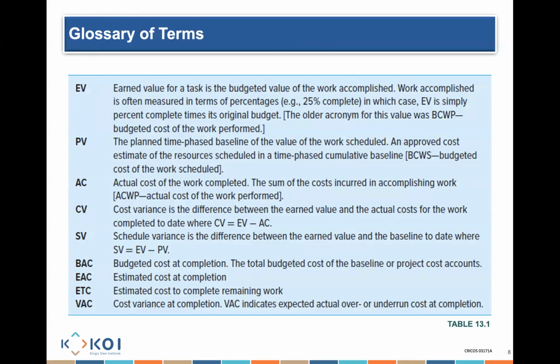Okay, let me ask you a question, guys. If I have 10 activities and every activity is supposed to cost me $10 over 10 days. So I have 10 activities to do over 10 days, and each activity is going to cost me $10. How much will all of those activities cost me to finish the project?